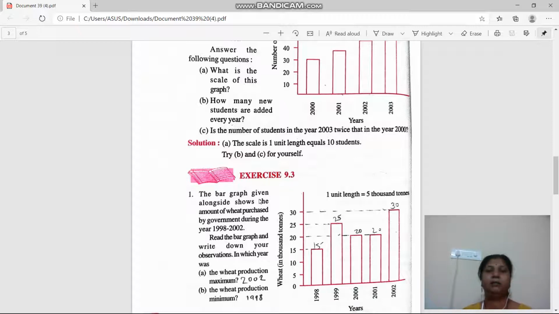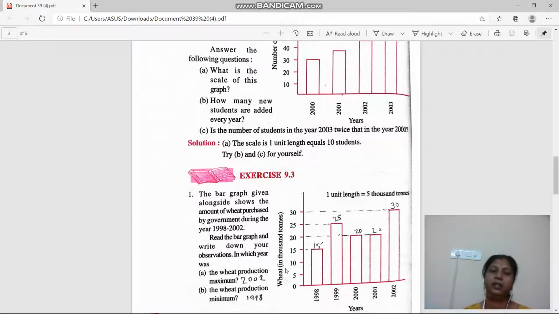The bar graph given alongside shows the amount of wheat purchased by the government during the years 1998-2002. Okay. So, first of all we will read the bar graph and write down our observation. See, this is the vertical line. So, what is it called? Y axis. What information is given on y axis?